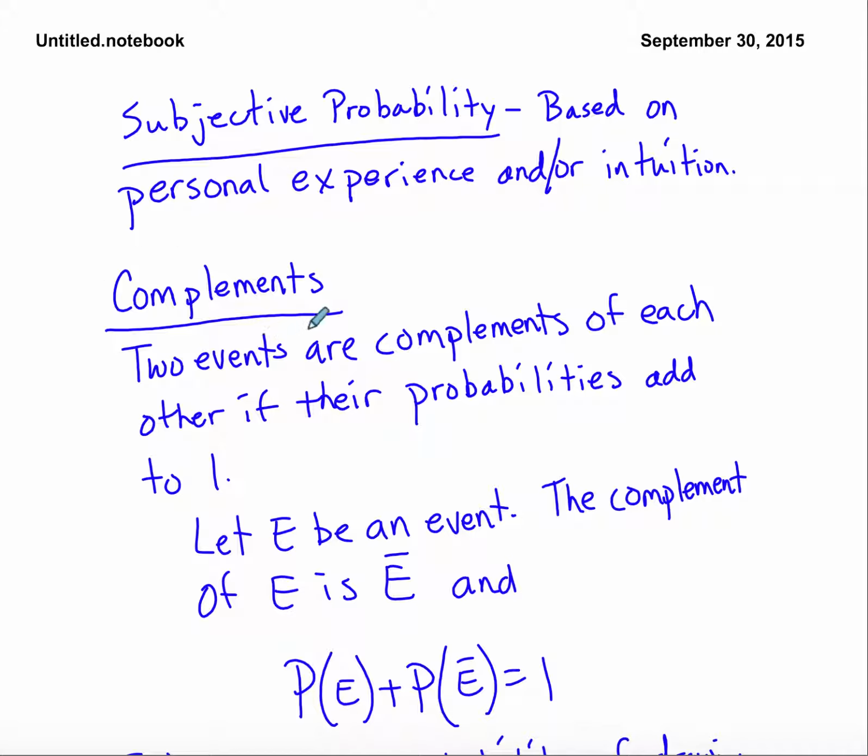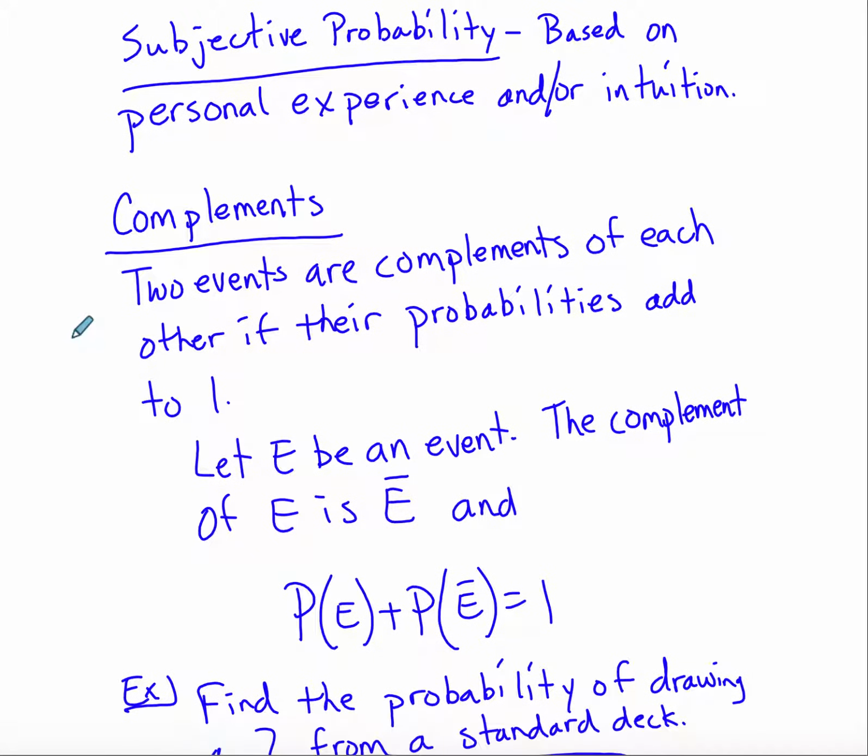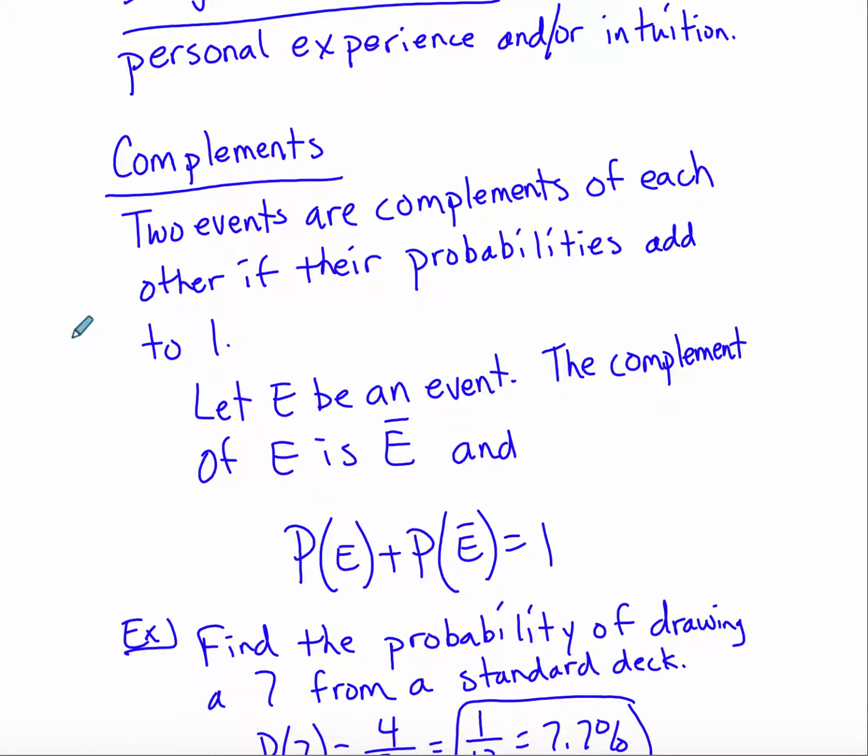One other thing about probabilities we can use for all three of these: theoretical, experimental, and subjective probabilities can talk about something called a complement. Two events are complements of each other if their probabilities add up to 1. So I like to think of it as, let's say we have event E. The complement of E, which we write as E with a bar over top of it, is every way that E can't happen.